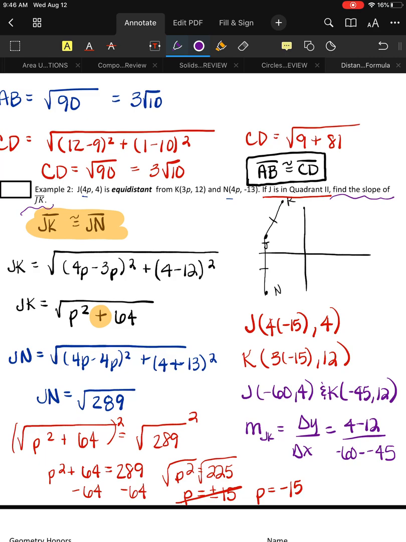When we simplify this, we get negative 8 over negative 15. Remember, this becomes a positive. And the slope of JK for our final answer is a positive 8/15.